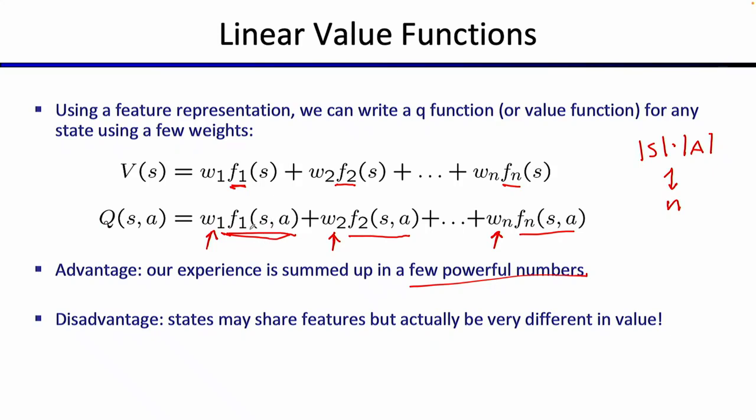So for example, if we only had one feature and it was the size of the screen in the game, no matter how we try to tweak this w, we wouldn't be able to express some desired Q numbers that we want. So choosing these features well is important. They need to be expressive enough.